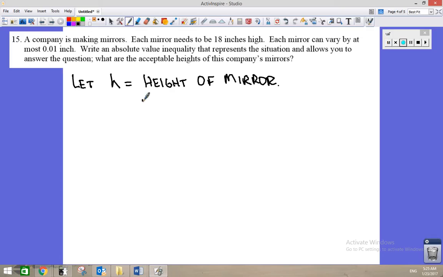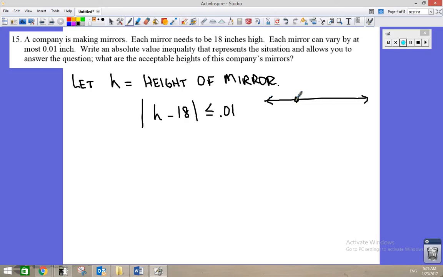So we want to minimize that error and have the height be as close to this 18 inches as we need it to be. And in this case, they have felt that it needs to be within 0.01 inches of that 18. If it's any less than that or if it's any more than that, the mirror would be rejected or scrapped in some way.